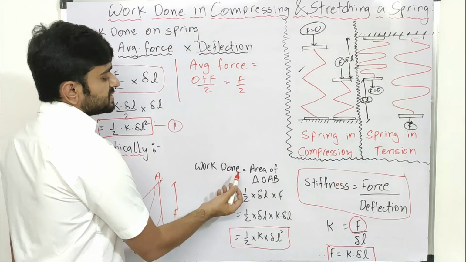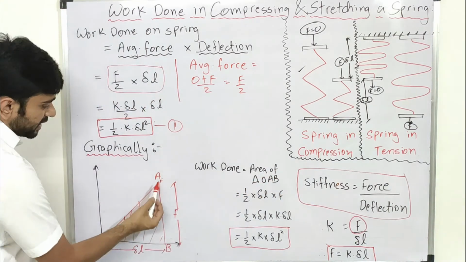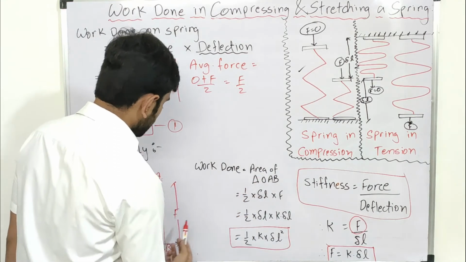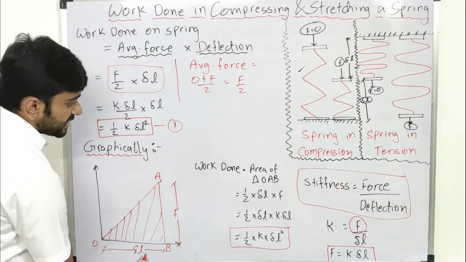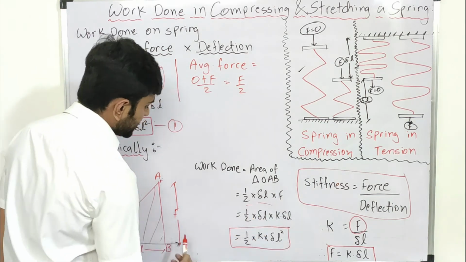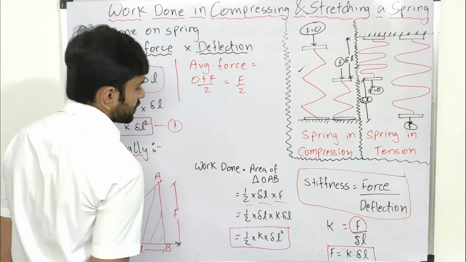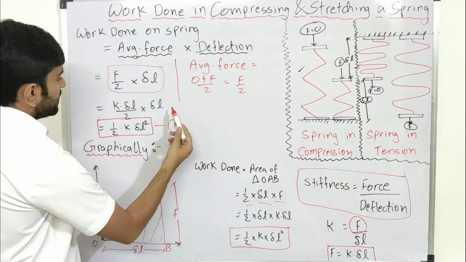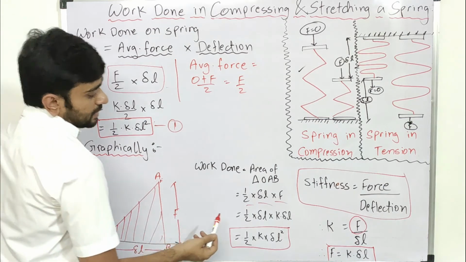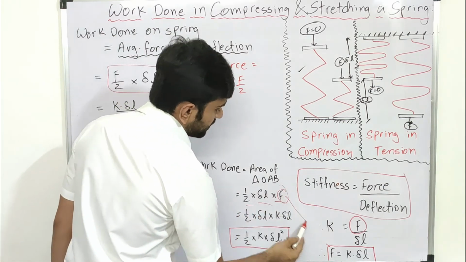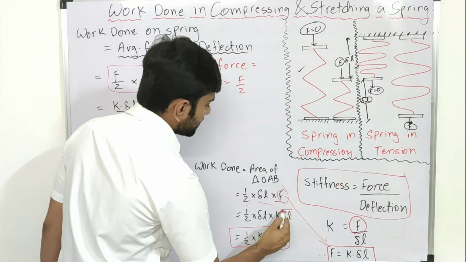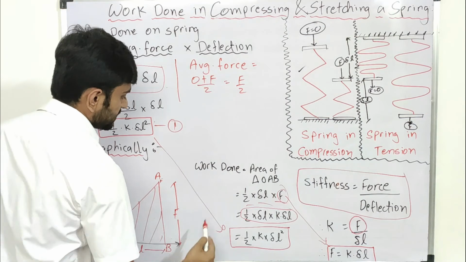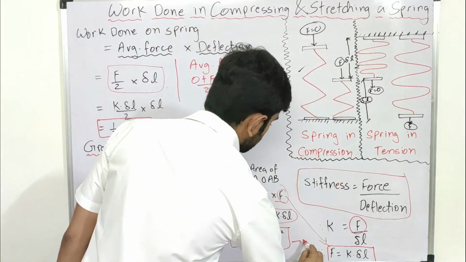So work done is equal to area of triangle OAB, that is half into base delta L into altitude F. So again the same condition arises, half into delta L into F. Replacing this F with K into delta L, so half into delta L into K into delta L. So again we get half into K into delta L square.